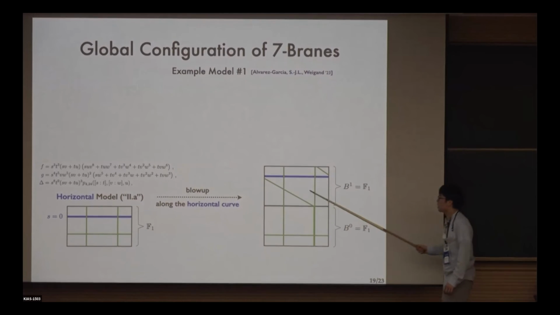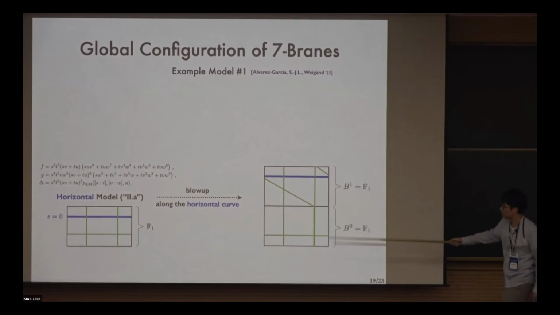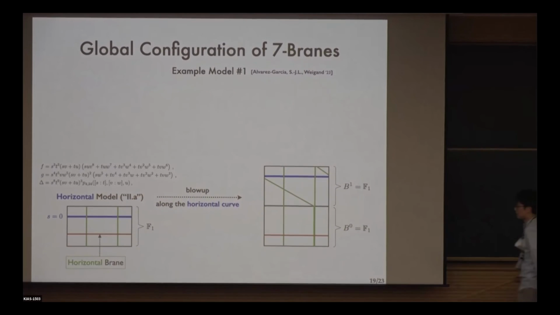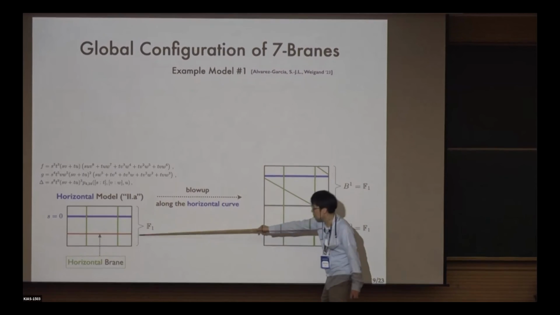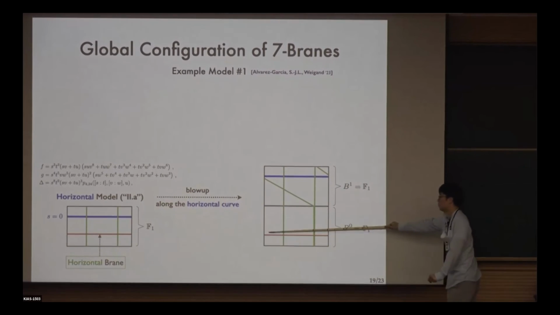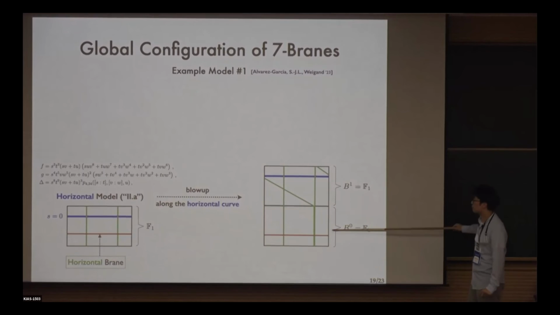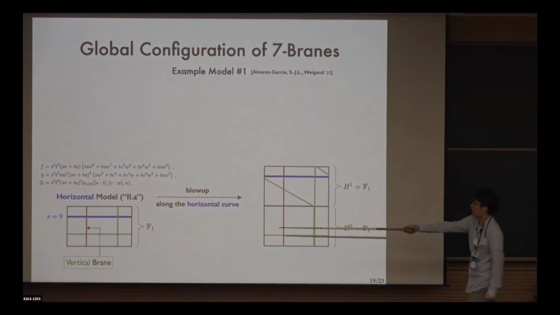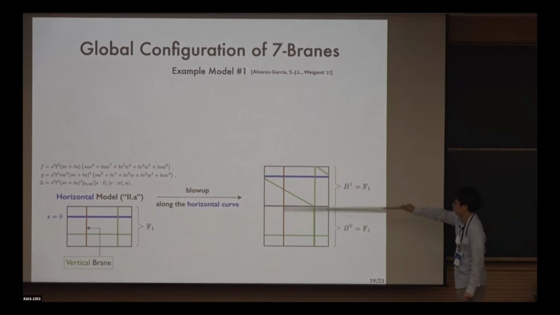In the end, we get this two-component configuration by blowing up into 2 components. After the elongation, the horizontal minimal brane remains a horizontal brane on the 0th component. It doesn't see the effect of the blow-up. And this vertical brane over there will simply stretch to the B1 component after the elongation.